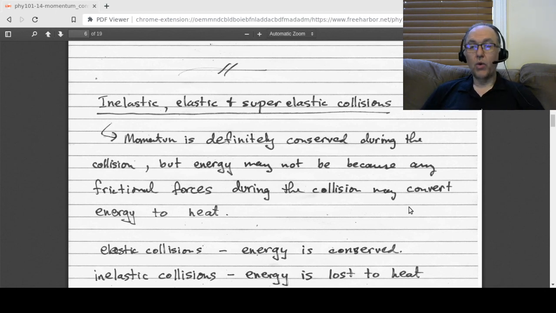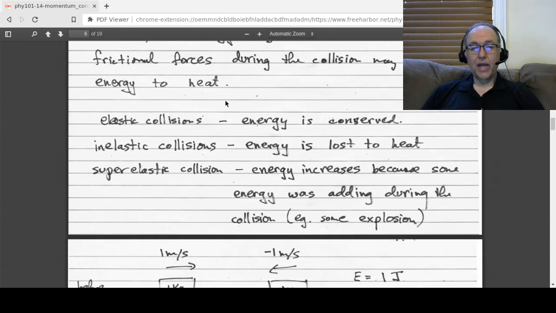Okay, and so we have 3 possibilities. We can have collisions where both the momentum is conserved and the energy is conserved. Okay, we call those elastic collisions. So in elastic collisions, the energy is conserved.